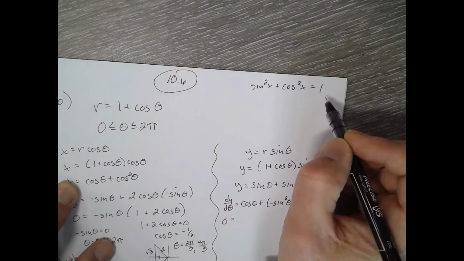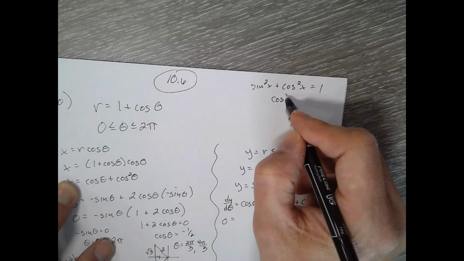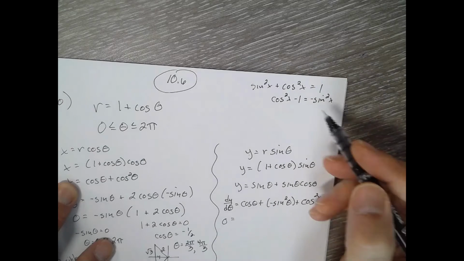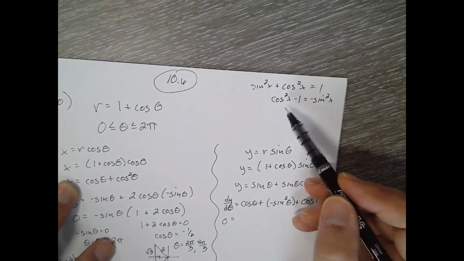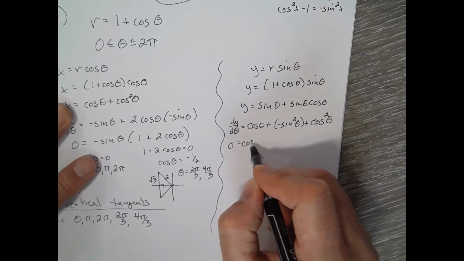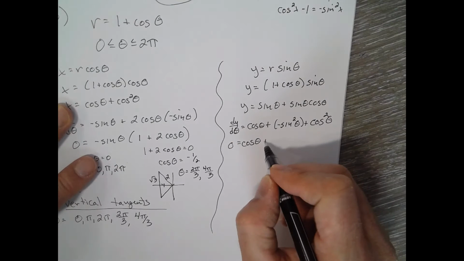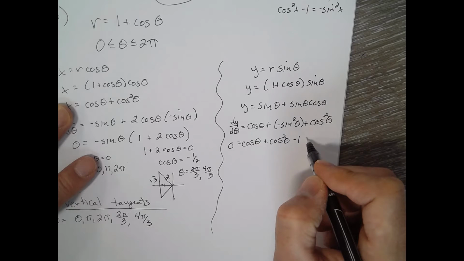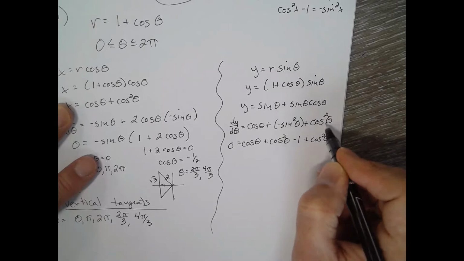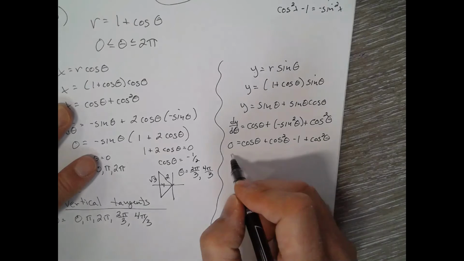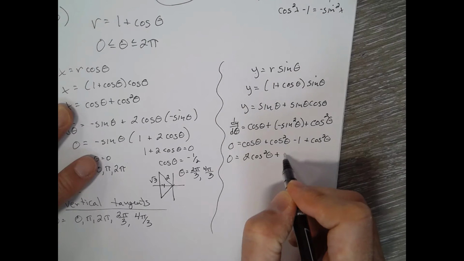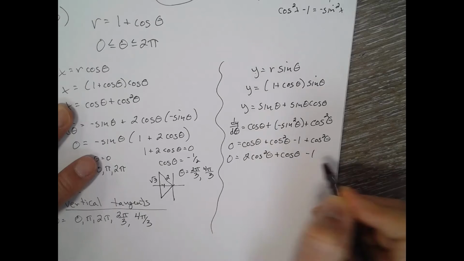Move that over, so it's going to be cosine squared x minus 1 equals negative sine squared x. So I'm going to replace my negative sine squared with cosine squared theta minus 1, plus cosine squared theta. So I have two cosine squared thetas plus a cosine theta minus 1.